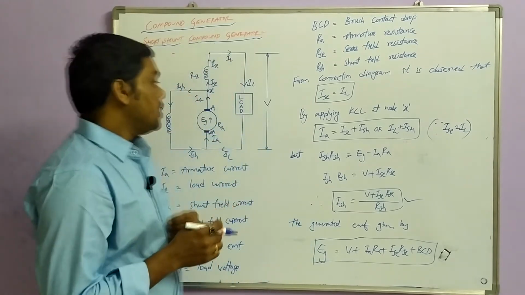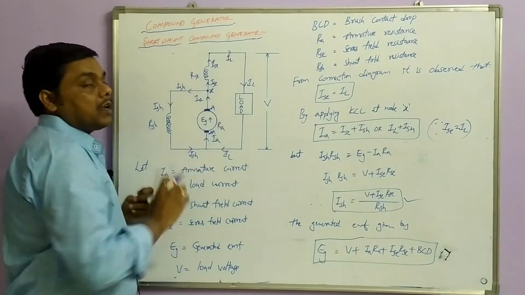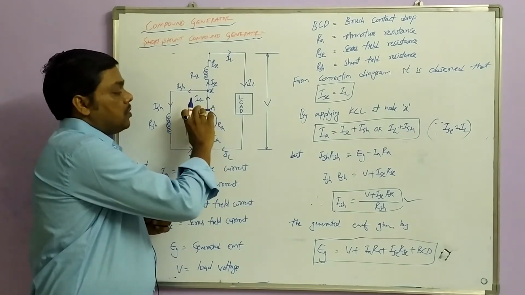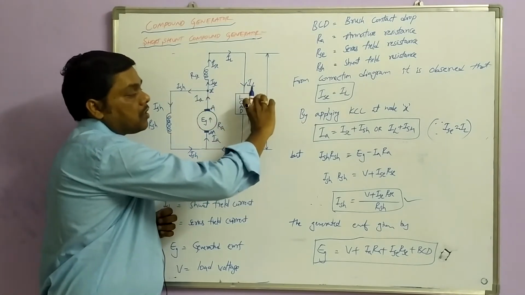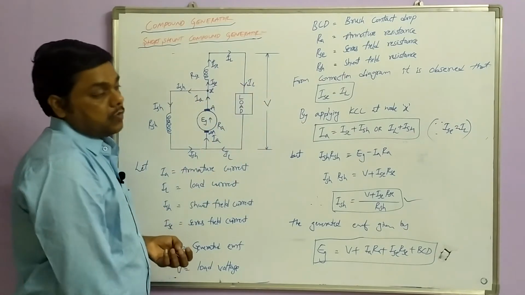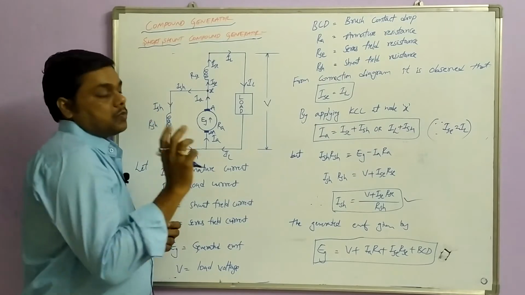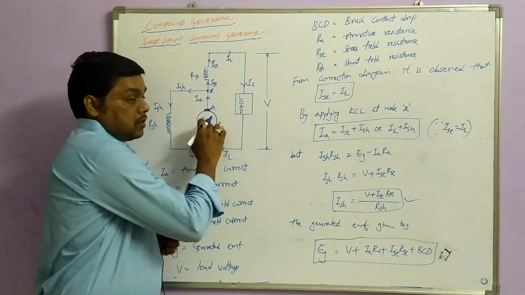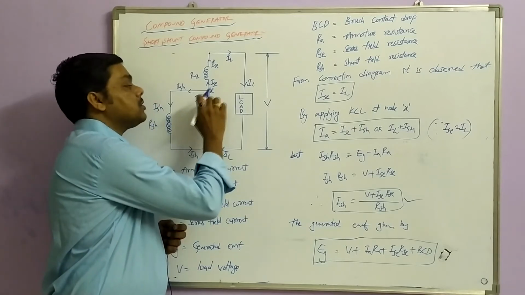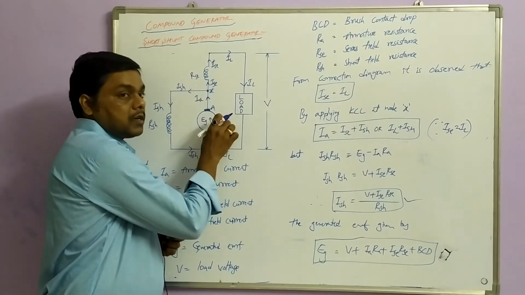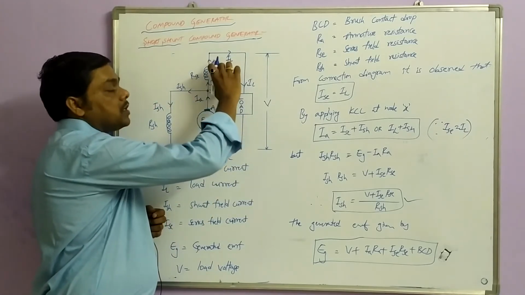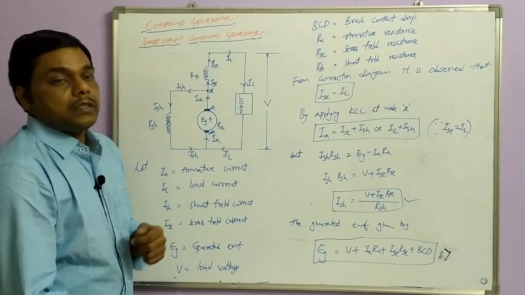Now from this figure we can observe that the generated EMF may not be totally transferred as load voltage. We have two drops here: the armature current delivered from the armature has one drop, the internal armature resistance drop, and another drop, the series winding resistance.